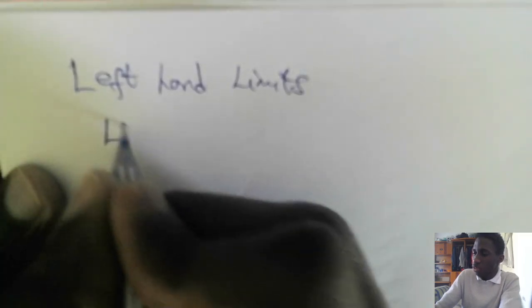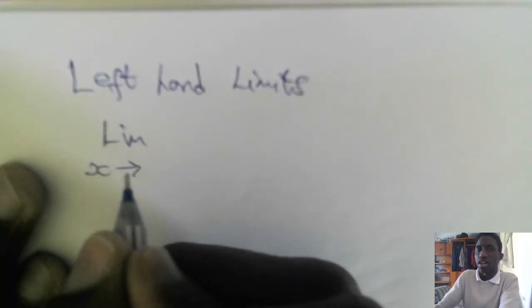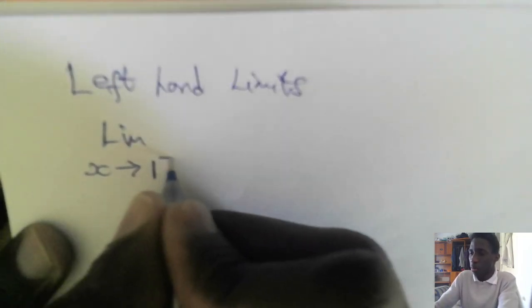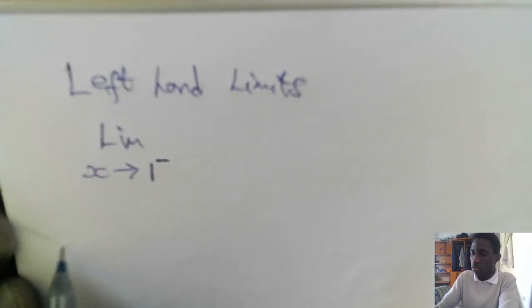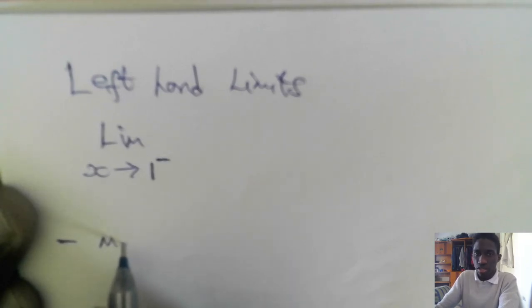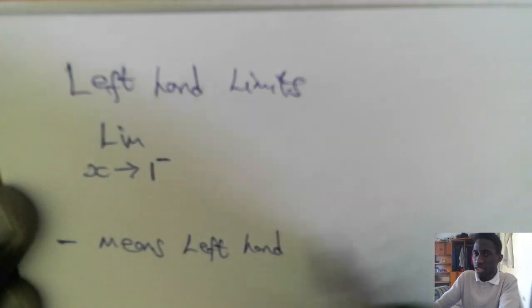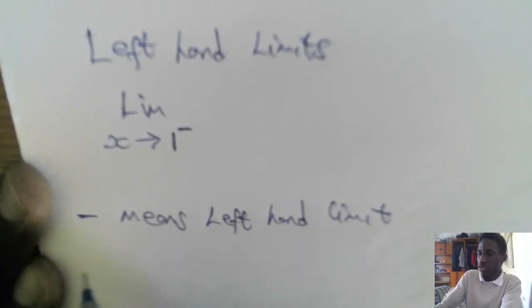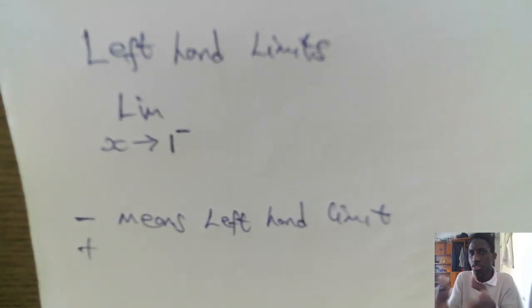It's written in this form: limit as x approaches any value, actually, let's say 1, x approaches 1 minus. So this minus sign here means from the left. So minus means left hand limit. And if you see plus, like a power plus, it's just going to be a power to the specified value.